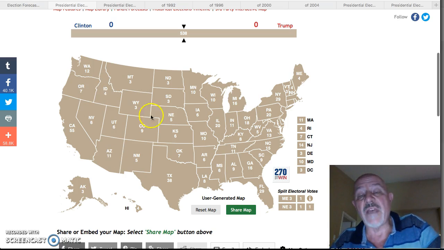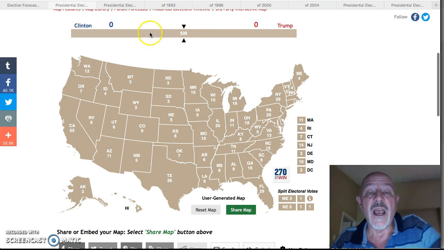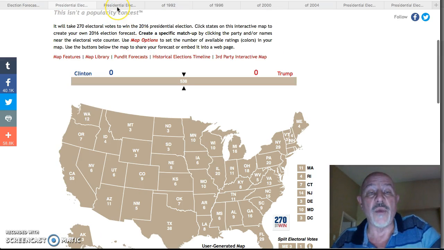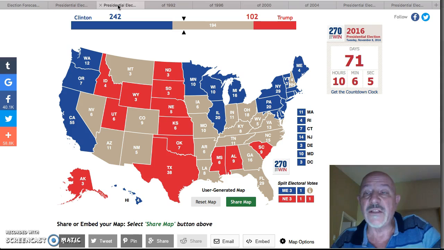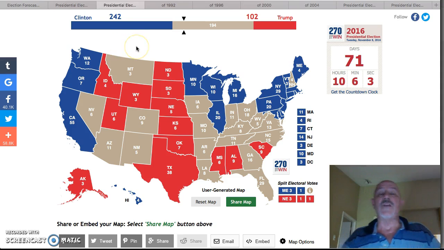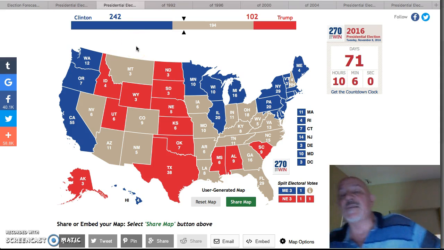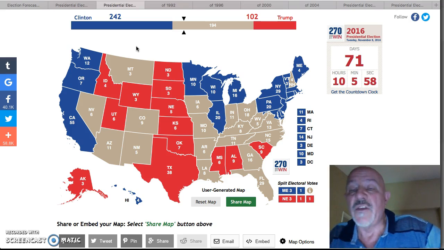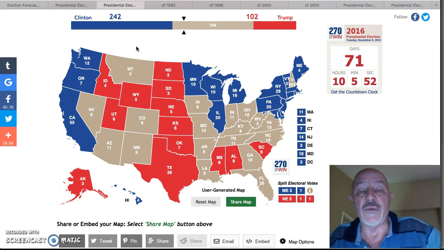Now here we have the map set to blank with nobody winning at this point. But we know that there is history and precedent, and so we also created a map that talked about the last 6 presidential elections, the 2 Clinton, the 2 Bush, and the 2 Obama elections that have occurred since 1992.